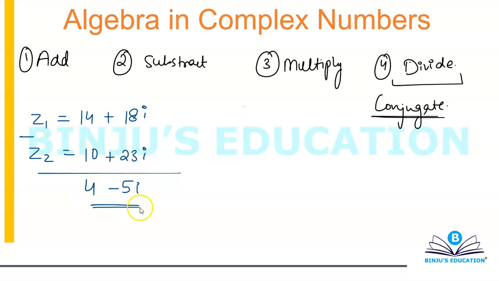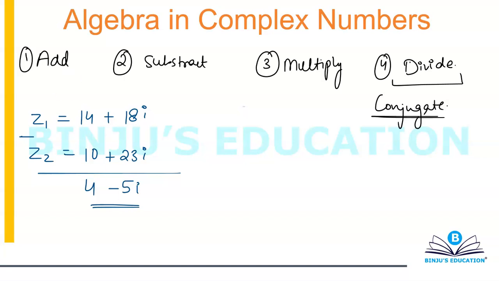So this will become 4 minus 5 iota. 18 minus 23 is minus 5, so minus 5 iota. 14 minus 10 is 4. So it is 4 minus 5 iota. So whenever you have to add or subtract the complex numbers, you're going to add or subtract the real part separately, and the imaginary part separately. You're going to do both the things separately.